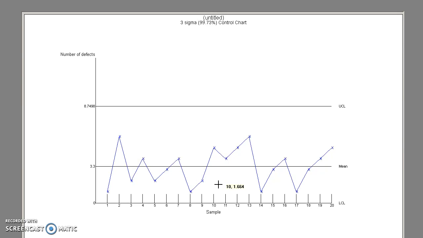Lastly, this is the mathematics we use to set our initial control chart. We may decide that we cannot endure more than 2.8 defects.